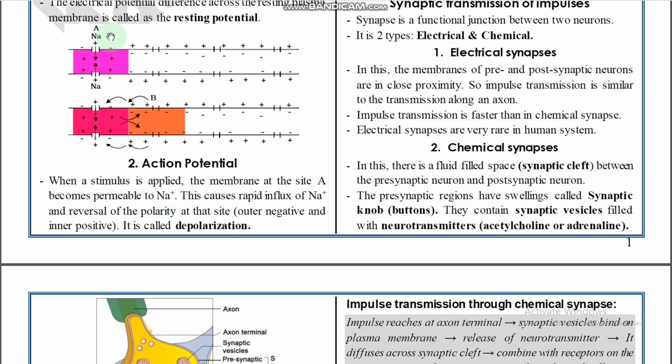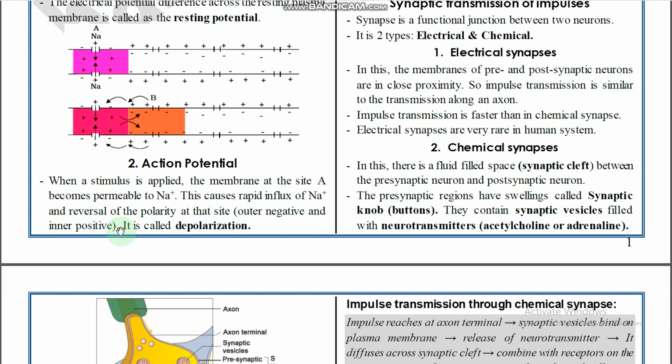More sodium channels are opened and sodium inflow takes place, right? That is called sodium influx, from outer to inner. This causes rapid influx of sodium and a reversal of the polarity at the site.